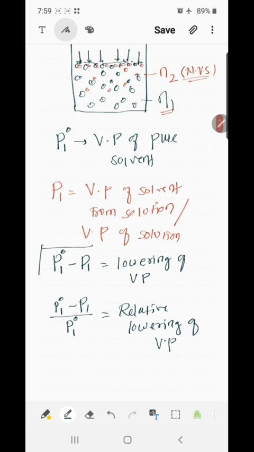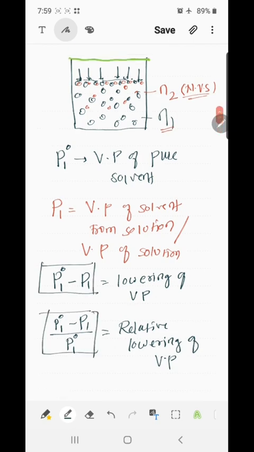We discussed this: lowering of vapor pressure and relative lowering of vapor pressure.